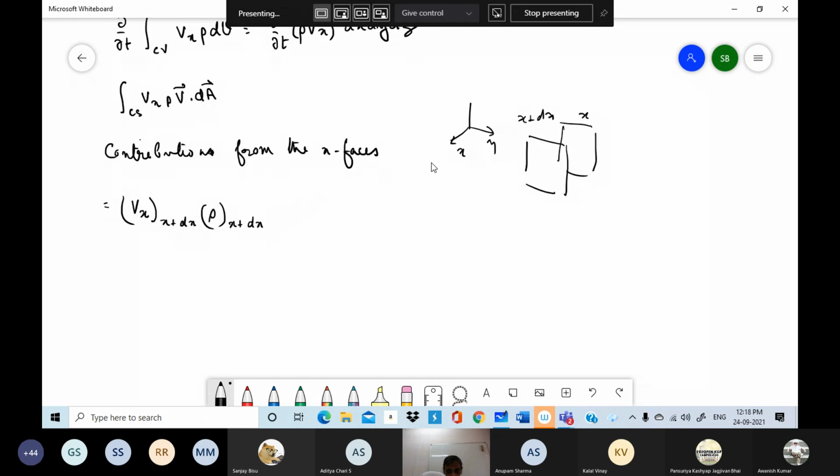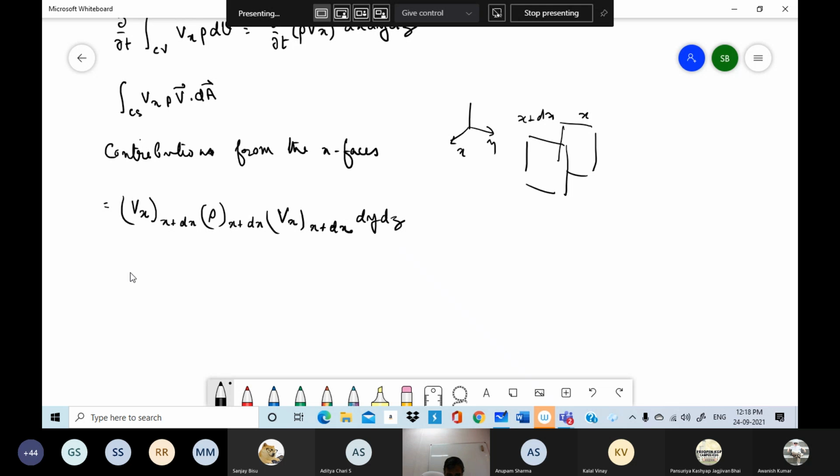So at x plus dx, the outward normal is in the positive x direction, so it's only the x component of v which will contribute to this v dot dA, and its value is at x plus dx into the area which is dy into dz.